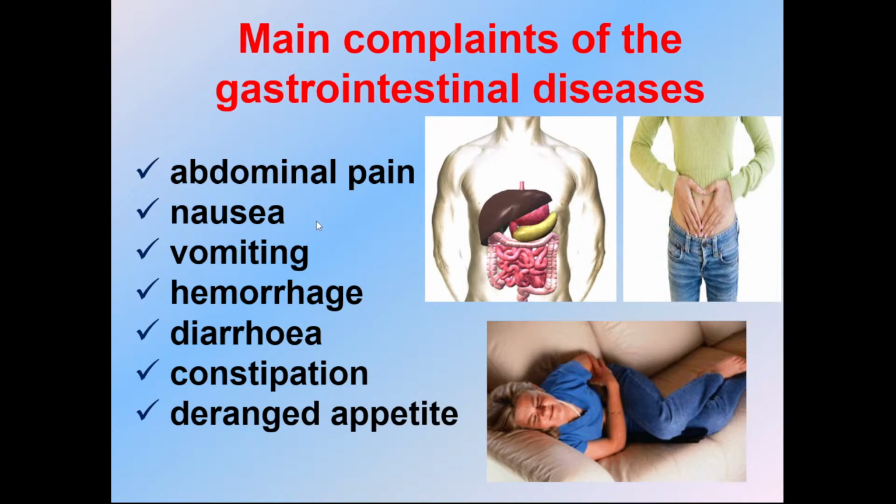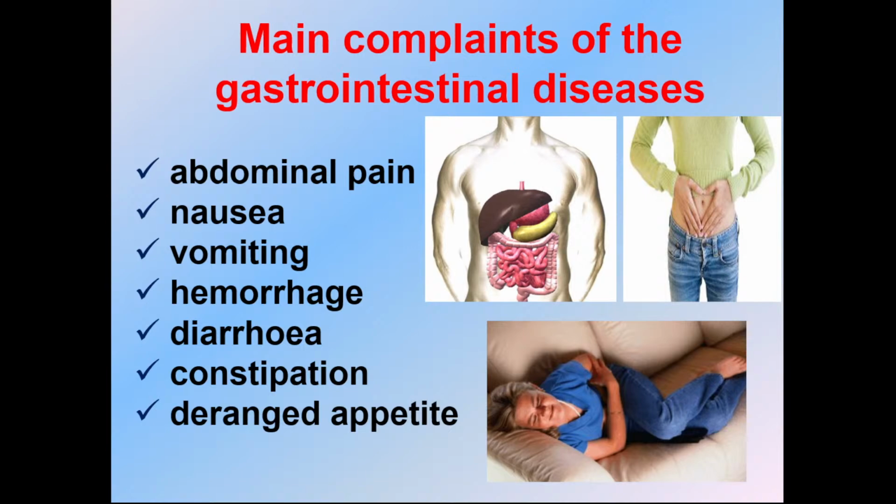The patient can feel nausea and vomiting due to a disordered digestive process, formation of some intermediate toxic substances which are absorbed into the blood and irritate, causing nausea and vomiting symptoms.